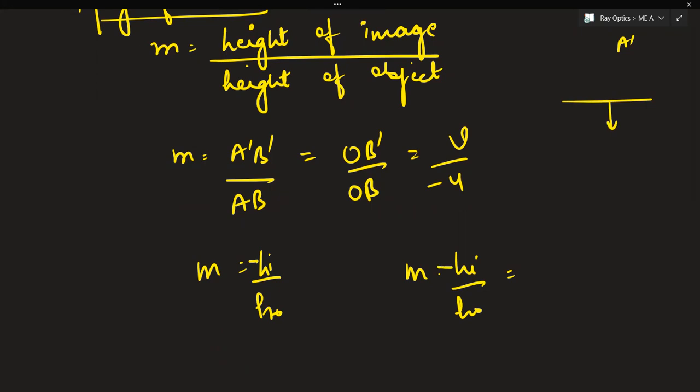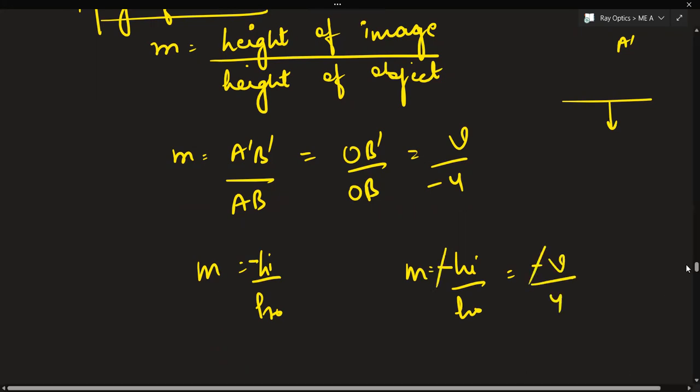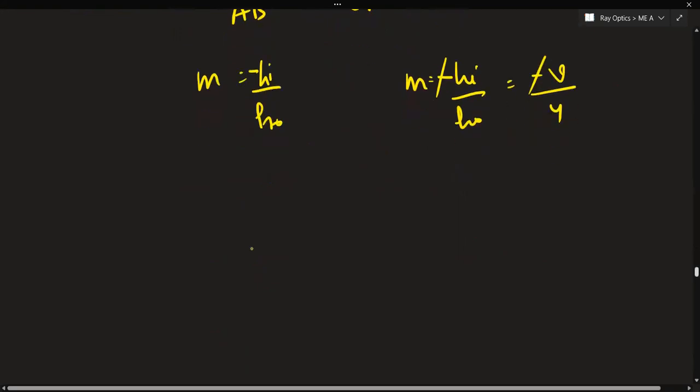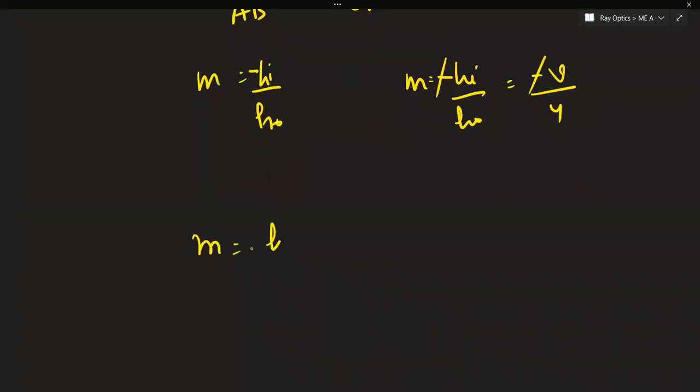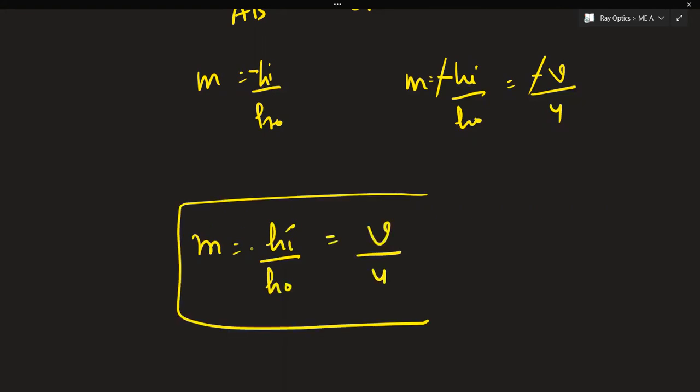So here we have this negative sign, and again minus V by U. This negative gets cancelled. Ultimate formula will be height of image by height of object is equal to plus V by U. In mirrors, you are getting minus V by U. This is plus V. All right.